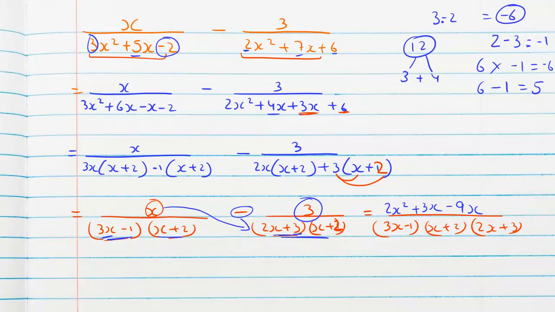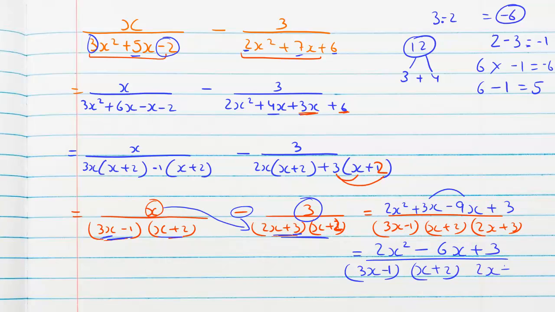And when we multiply this same negative 3 with negative 1, we get plus 3. Okay, and now we will simply write our last step, which is 2x squared, 3x, and negative 9x gives us negative 6x plus 3. Okay, and the denominator is 3x minus 1 times x plus 2 times 2x plus 3.